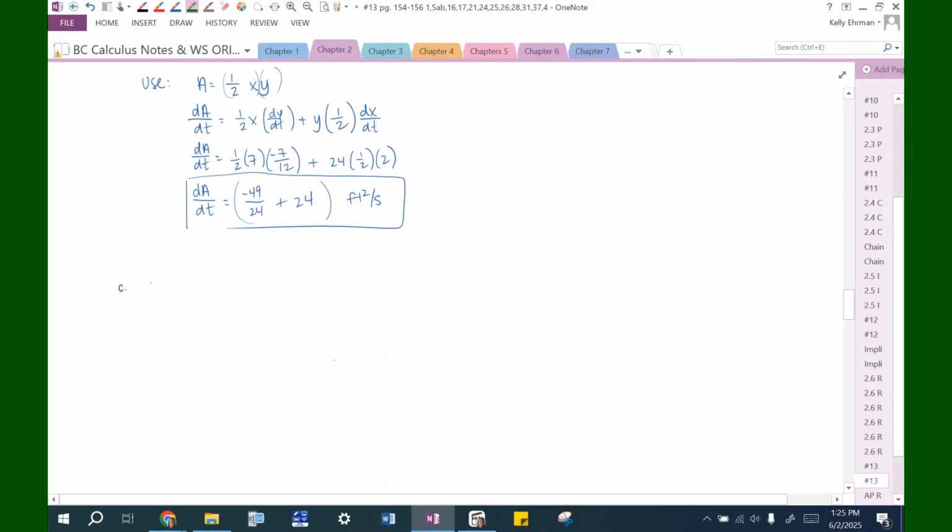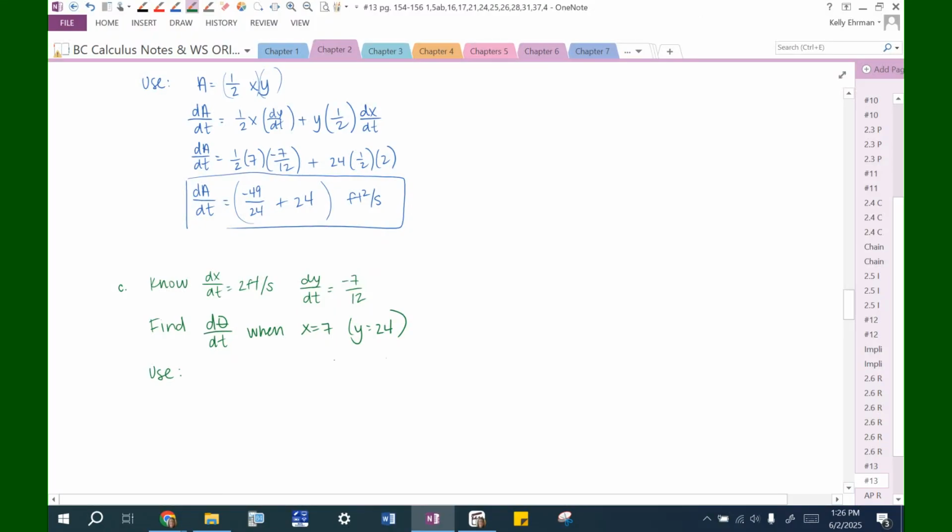Okay, so I still know that dx dt is equal to 2 feet per second. And just because I may or may not need it, dy dt, remember, was negative 7/12. And they're asking me to find, this time it's an angle, so let's call it d theta dt when x equals 7. And remember, we know y is 24.